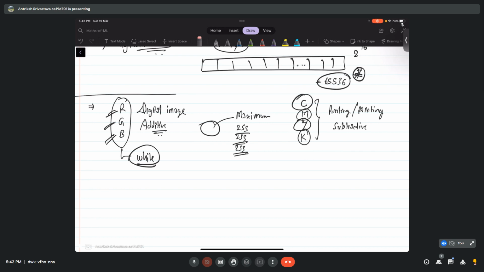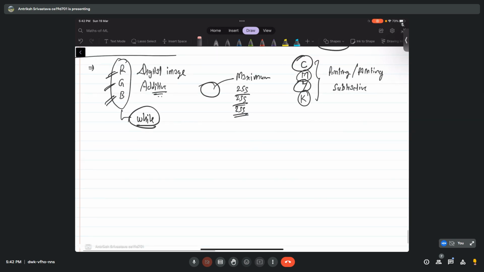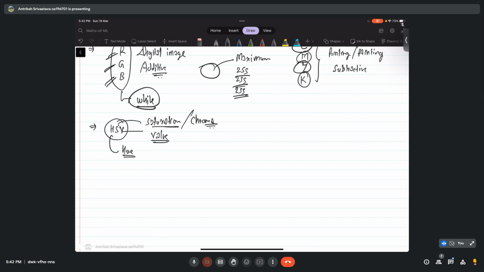And then another color mode that was discussed, which is much more apparent to us human beings, is hue, saturation, and value. Saturation is nothing but chroma, that was discussed in the color scale, I think in the last session.